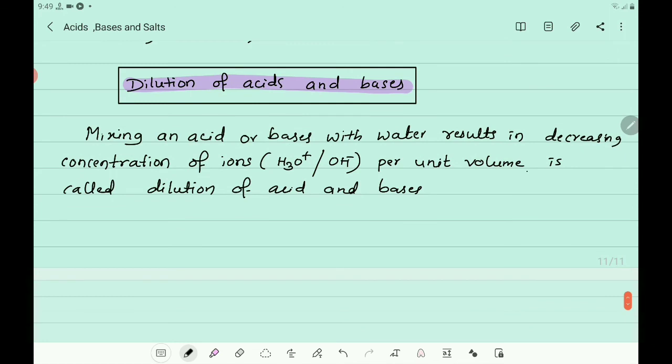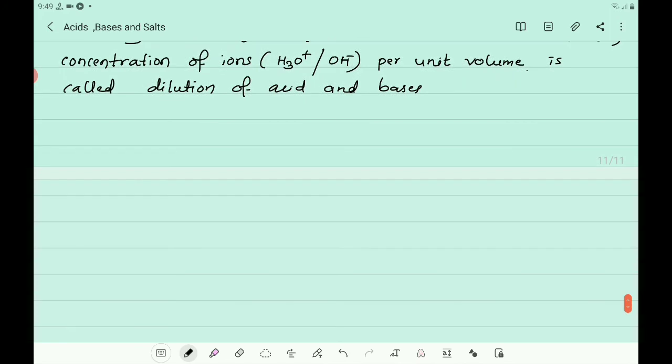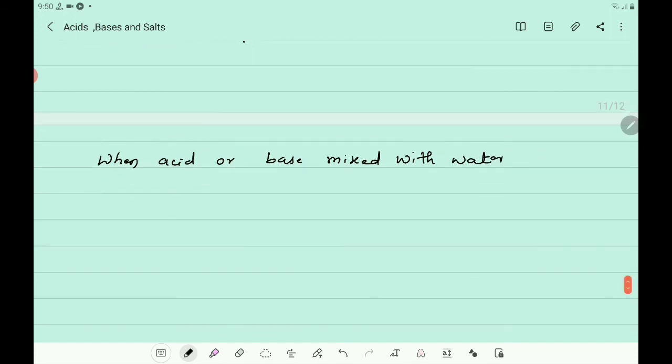Then what do you observe when you mix an acid or base with water? What will you observe?